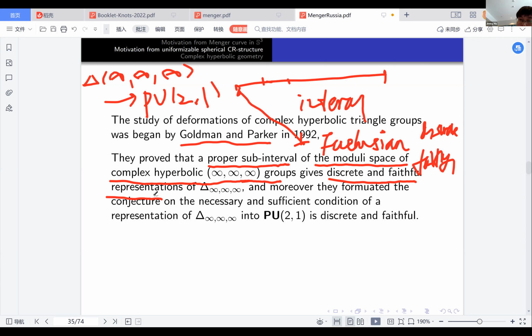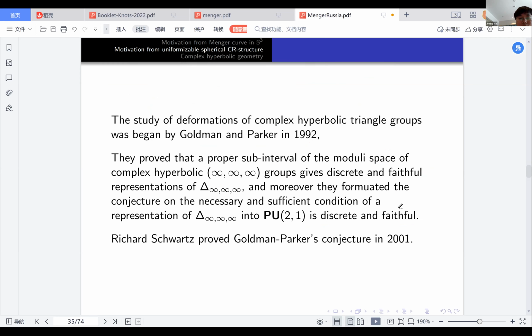Moreover, they formulated the conjecture on the necessary and sufficient condition for the representation into this group to be discrete and faithful. And several years later, Richard Schwartz proved the Goldman-Parker conjecture in 2001.